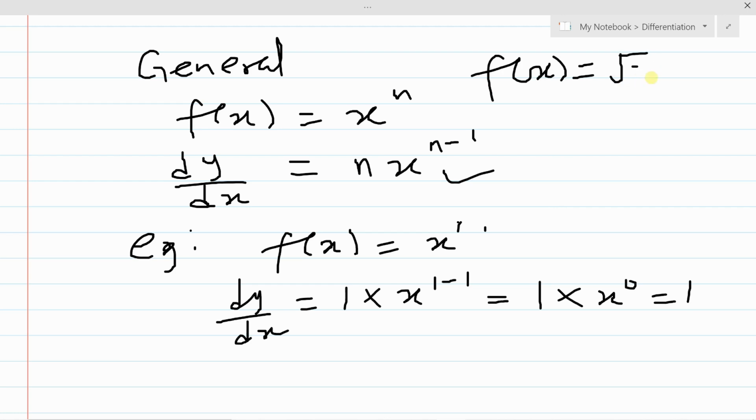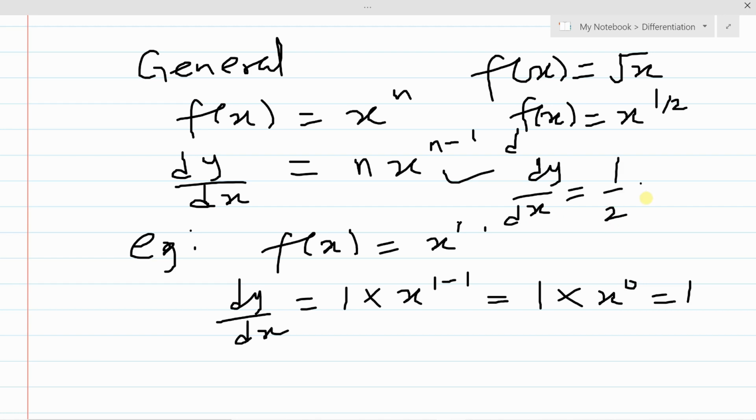Alright, the one that we did and had square roots, f of x was equal to the square root of x, and when you differentiate this dy dx, this is the same as saying that f of x equals x to the power half. I've done that video, so if you don't understand this, you can go and watch my video and you would understand. Okay, so dy dx from here will be equal to just the half, then x to the power half minus 1, that will give me negative half.